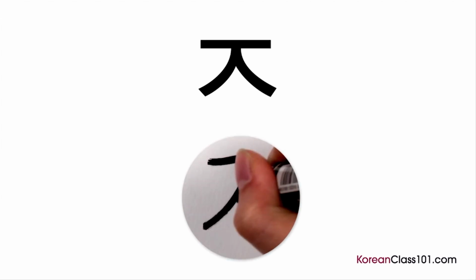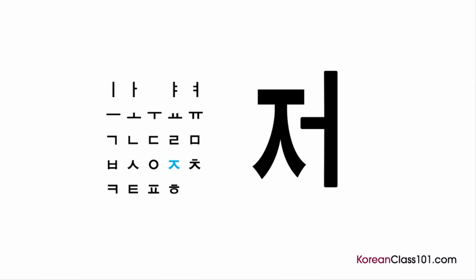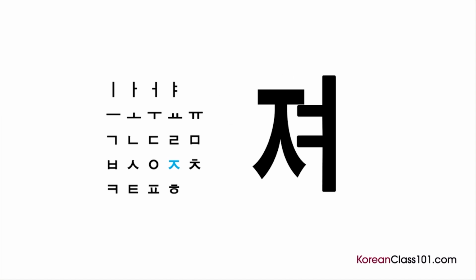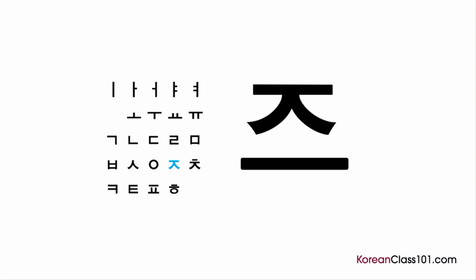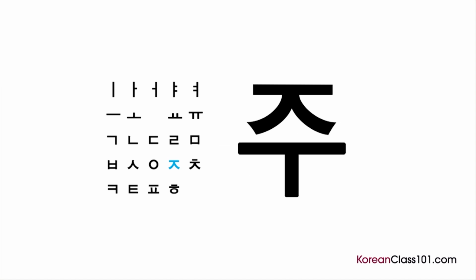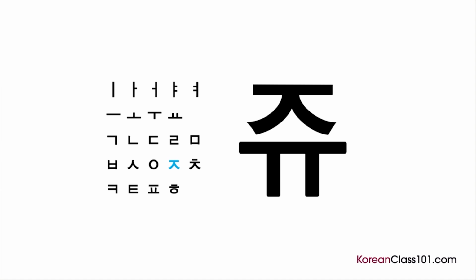The next character is like 시읒 with a line at the top, and it's pronounced 즈 or 츠. 지, 자, 저, 즈, 조, 주.